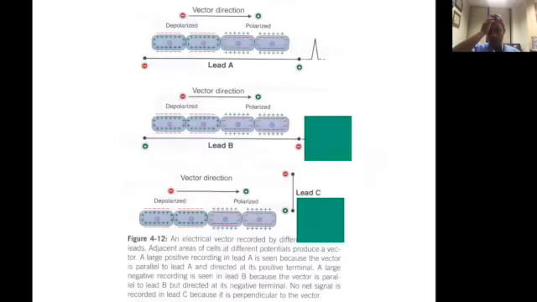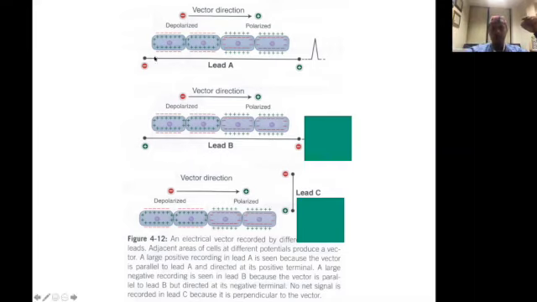Okay. So before we look at what a normal EKG is, I think this is an important concept that we need to cover. All an EKG does is it has a negative and a positive lead, and it measures the electrical activity in that vector and gives you a signal on a paper.